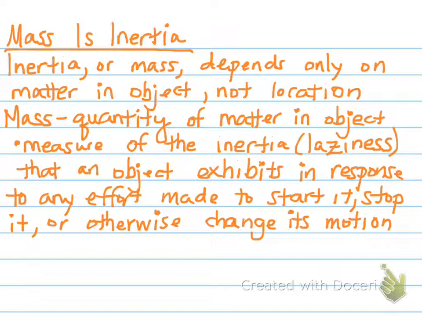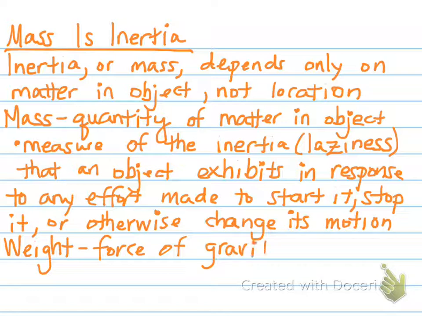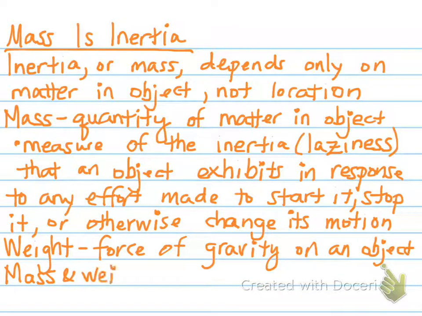Again, as we already mentioned, mass and weight are not the same thing. Weight is the force of gravity on an object. However, mass and weight are proportional to each other.